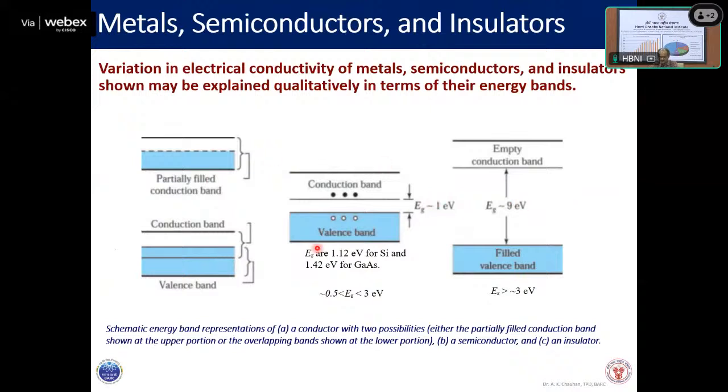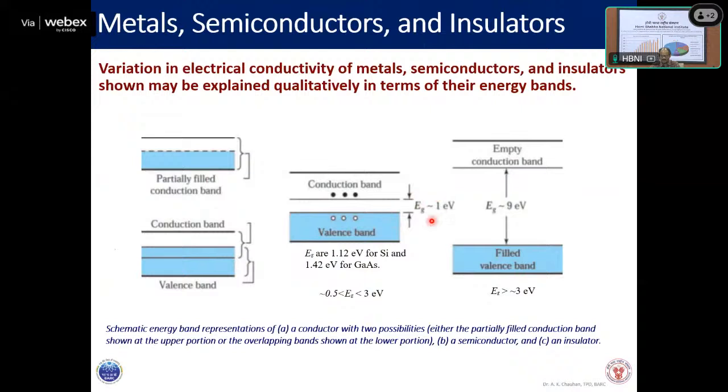However, a similar situation cannot arise in the case of insulators, because thermally, if you calculate by the Maxwell-Boltzmann distribution, n upon n0 is proportional to e raised to the power minus Eg by kT. If Eg is large, the number of electrons will be very small.